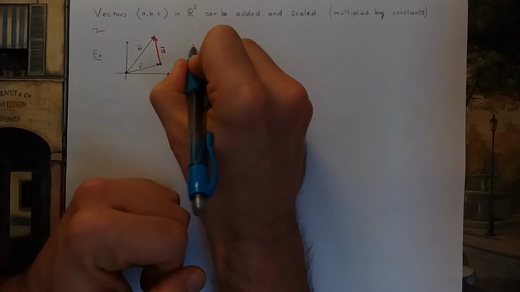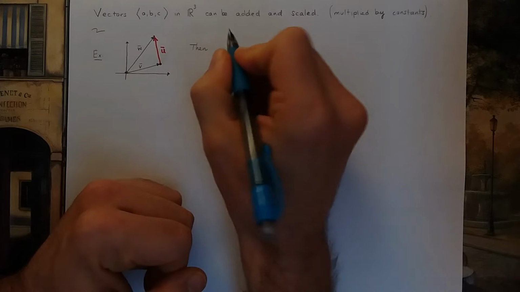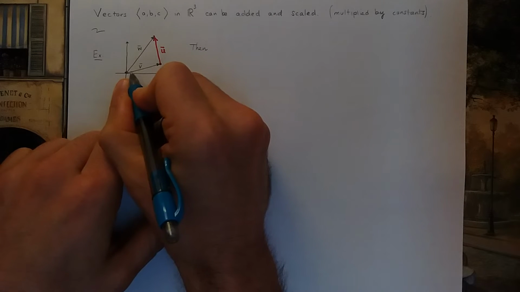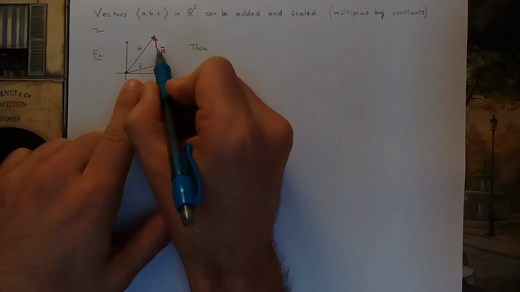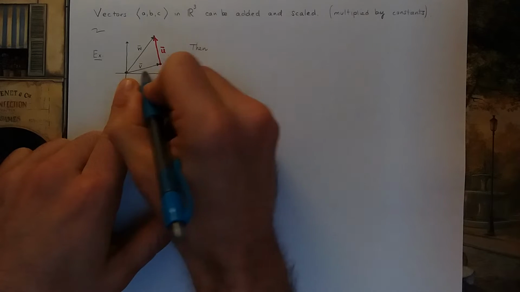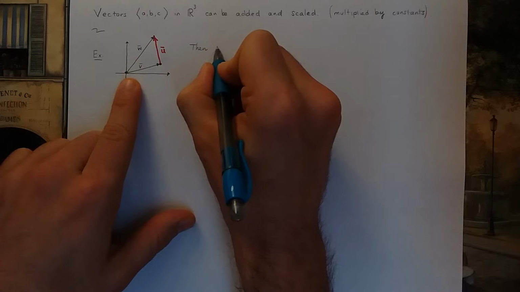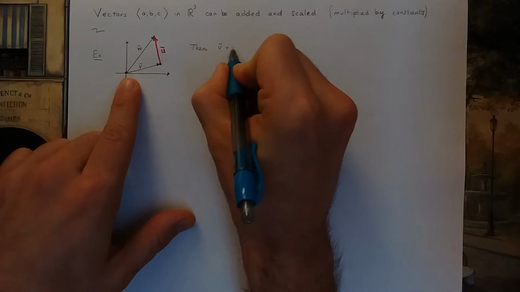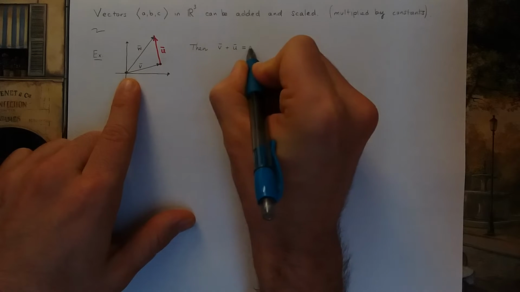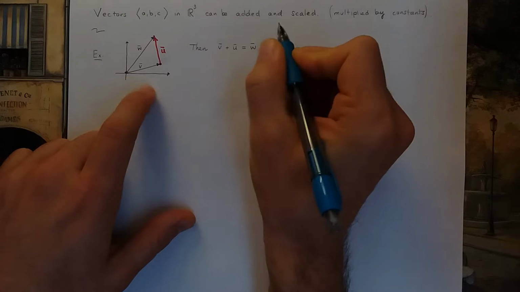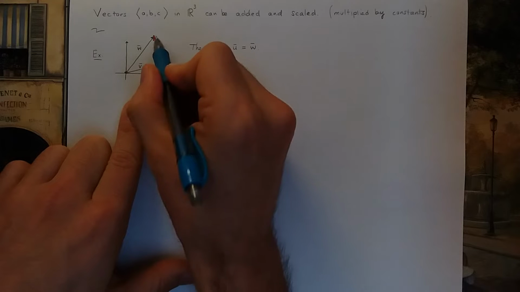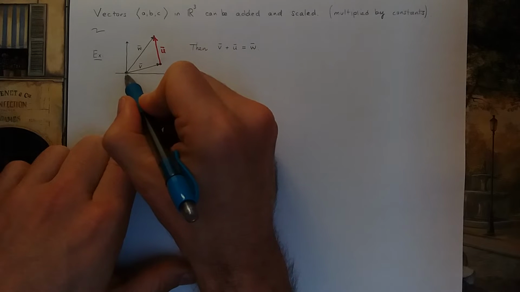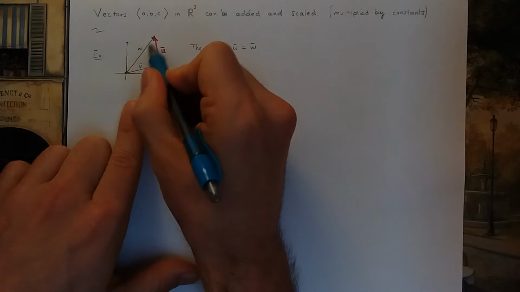Well, I understand vector addition as following one vector and then afterwards following a next vector. So using vector addition, I see that v plus u is equal to w. If I follow the instructions given by v and then u in succession, it's the same as if I initially did the instructions dictated by w.